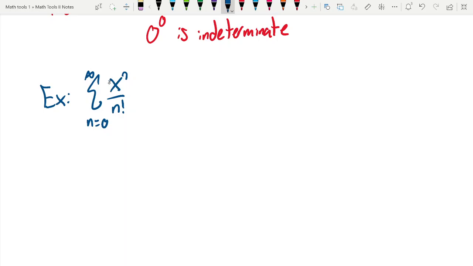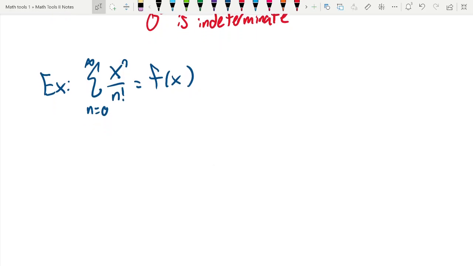So x is now more of a traditional variable, and we can define this as a function. We could call this f of x, for example, because x is the only true variable here. n has a value at each step, right? So this is an example of a power series, a pretty important one that we'll see later on.